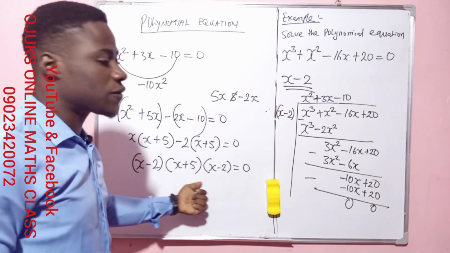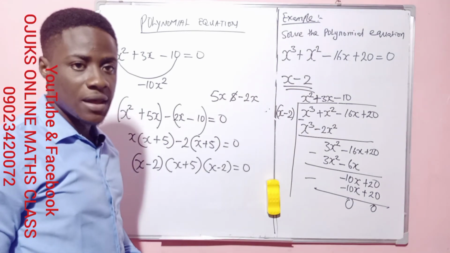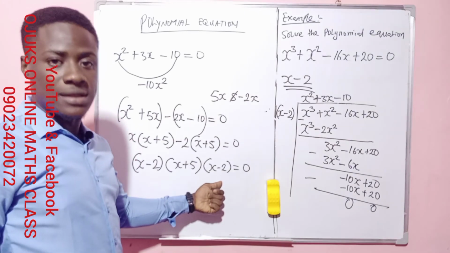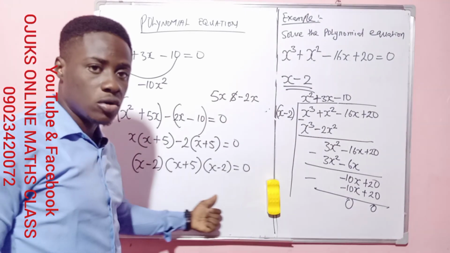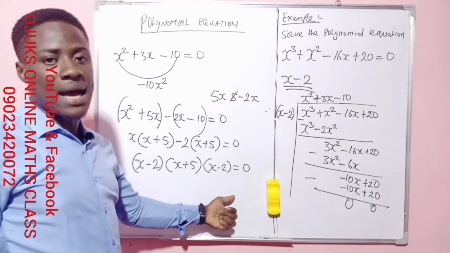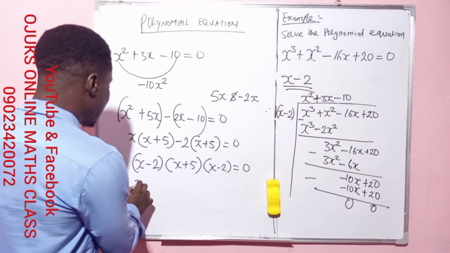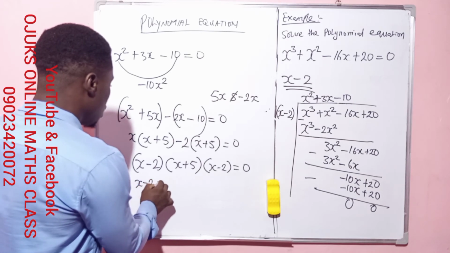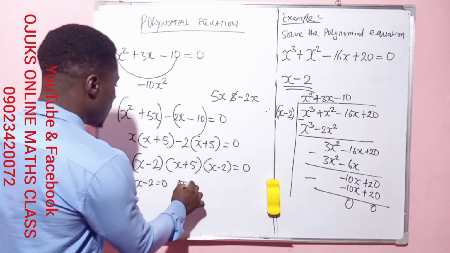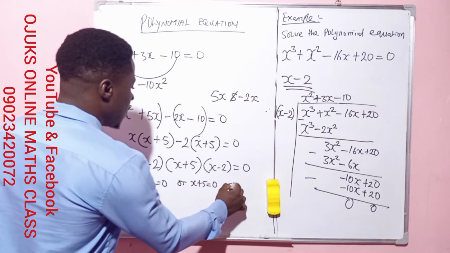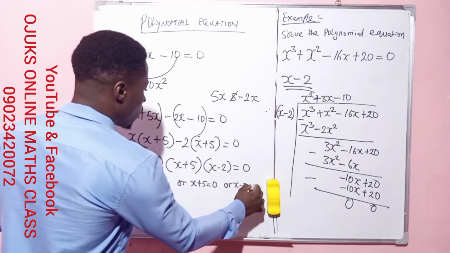If the product of 3 numbers is equal to 0, it simply means that either of these is 0, or possibly all the numbers are 0. If that is the case, it implies that x minus 2 equals 0, or x plus 5 equals 0, or x minus 2 equals 0.